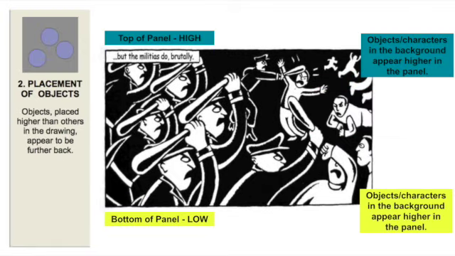Our second idea that we need to think about is the placement. And this goes back to those zones that we were talking about earlier. Typically, what we will do is use the bottom zone of the image for the things that are closer to us in order to create that sense of depth. Then we have the midground, and then the background tends to be higher up.